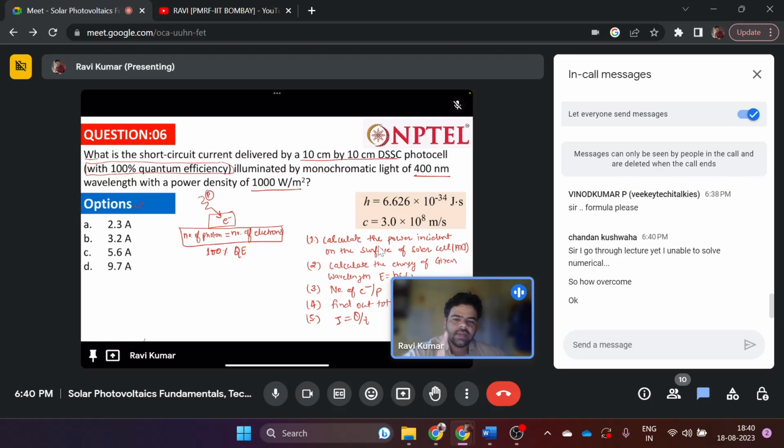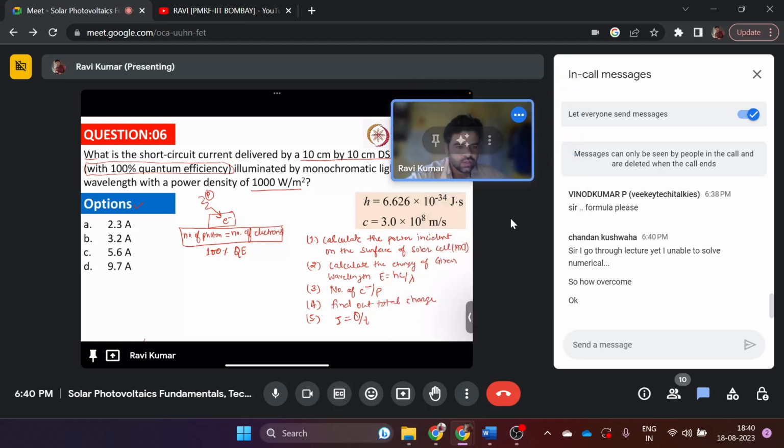So first step, just calculate the power incident on the surface of solar cell. If anyone has calculated the first step, they can just write the answer here. I'll write against the step number.